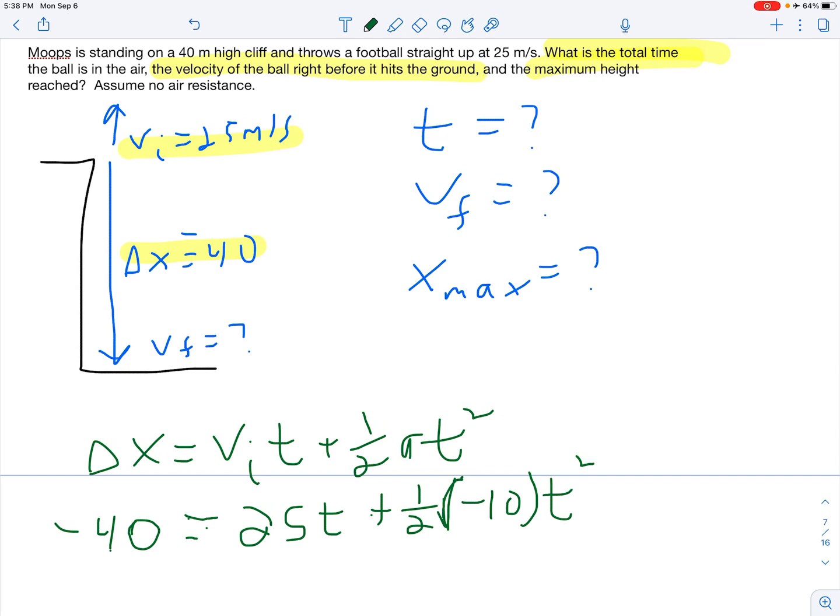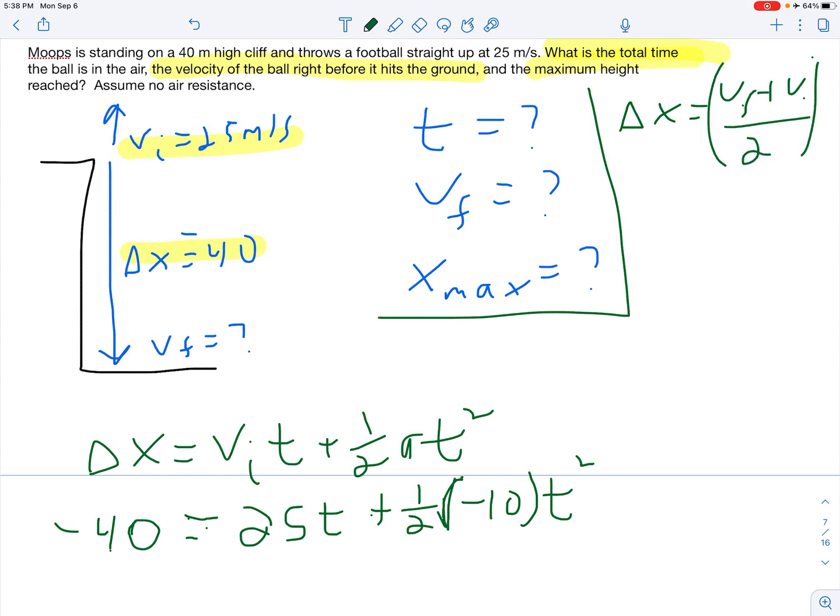I could think about, could I use another equation? Maybe I could use another one that won't give me a quadratic. I can't use this one because I don't have T and I don't have VF. So I can't use that one.